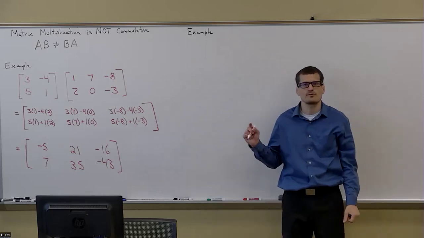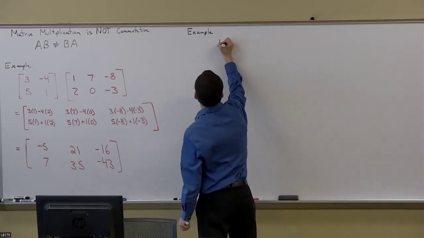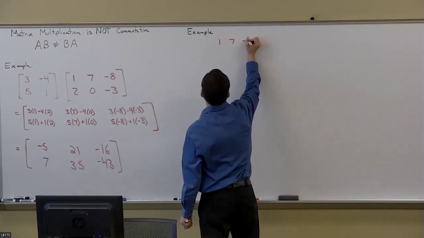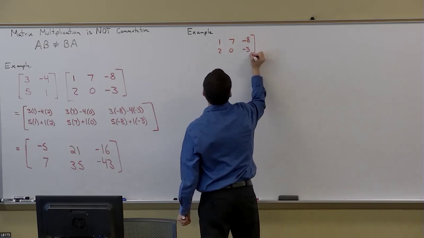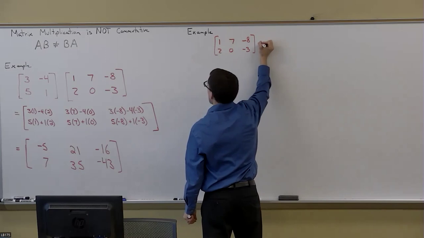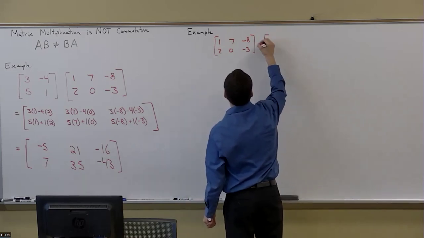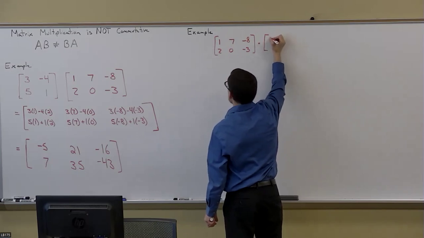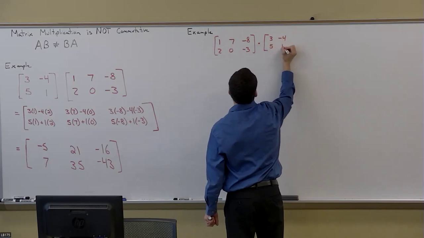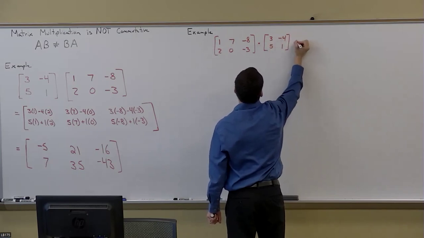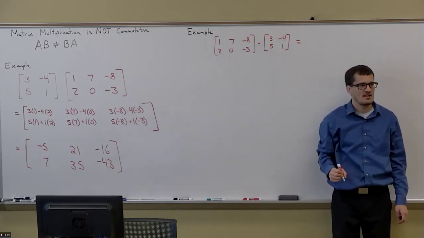By the way, what if we reverse the order there? What if we took 1, 7, -8, 2, 0, -3, and tried to multiply that times 3, -4, 5, 1? It doesn't work, does it?